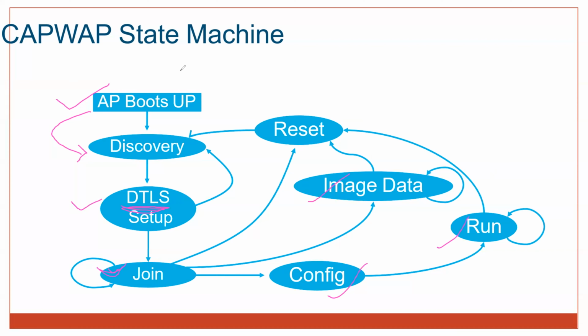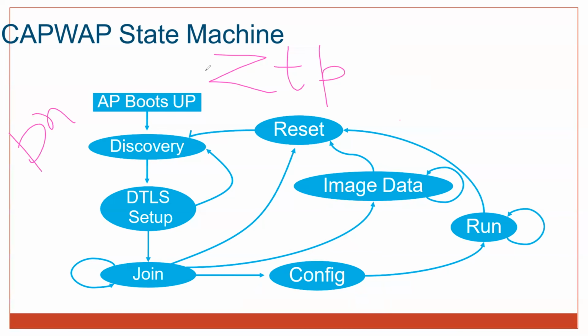Now, you will know this particular process in the upcoming session as well, because this is very much ZTP or PNP, plug and play, right? In future, in SD-WAN, we have one lab related to ZTP, zero touch provisioning.